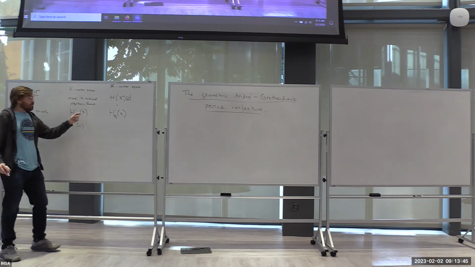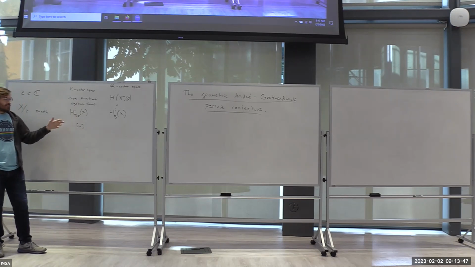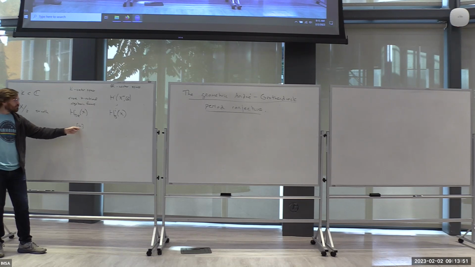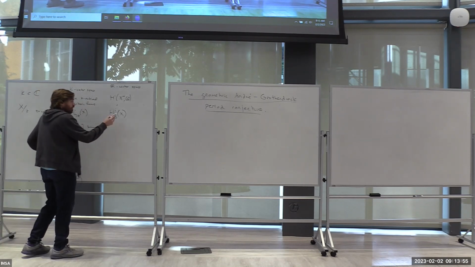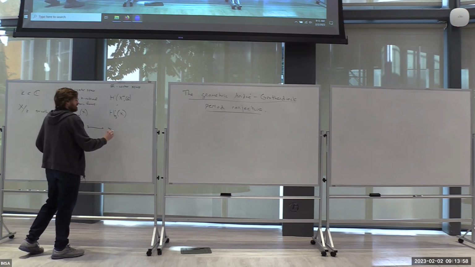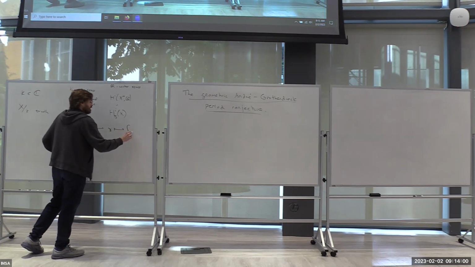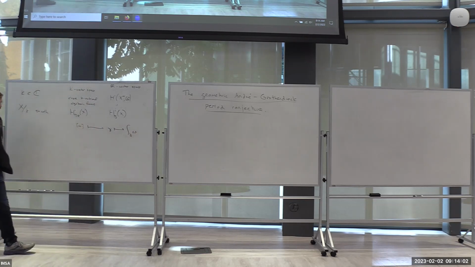And there's a natural map, at least over C, which sends a de Rham cohomology class represented by some K-rational form omega to the Q-form on cycles, which just takes a cycle and integrates omega against it.